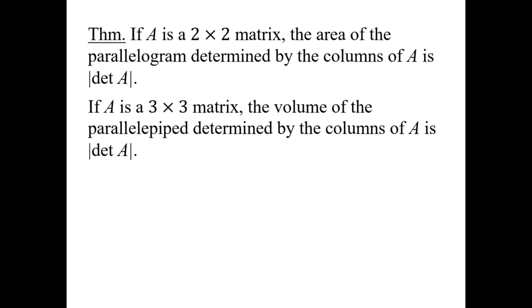If A is a 2 by 2 matrix, then the area of the parallelogram determined by the columns of A is the absolute value of the determinant of A. Before we talk about the second part there, let me draw you a picture. Let's say that A is made up of a couple of vectors, v1 and v2 are the columns.